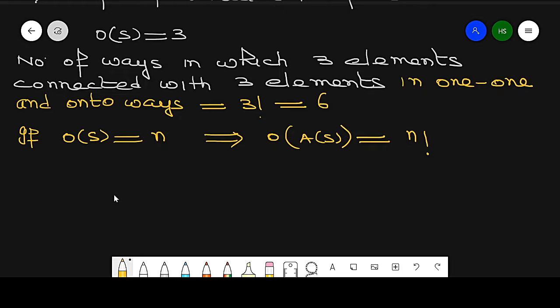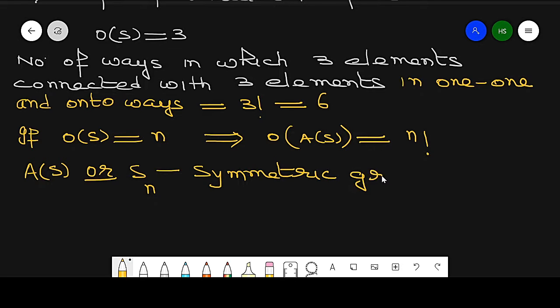A of S is also written as Sn. It is also called a symmetric group of degree n. So Sn is called the symmetric group of degree n.